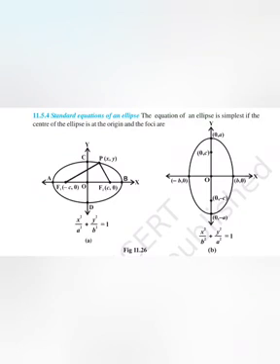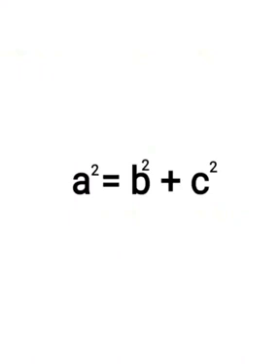And if the denominator of x² is less than the denominator of y², then the major axis is along the y-axis and the minor axis is along the x-axis. If the length of the semi-major axis is a and the length of the semi-minor axis is b, and each focus is at a distance of c from the center, then the relation between a, b and c is a² = b² + c².